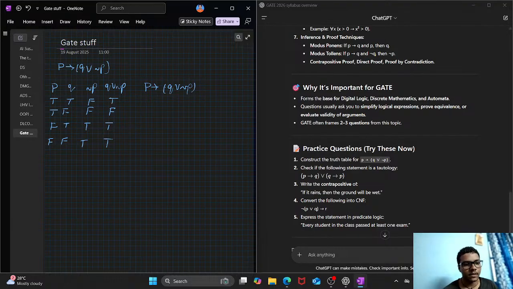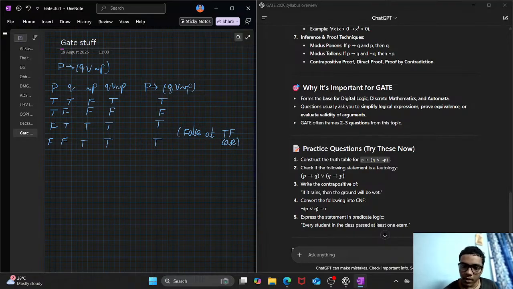P implies Q: T is T, F is F, T is T, and F implies T is T. So false at the TF case.